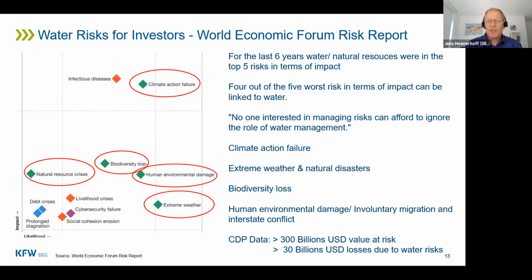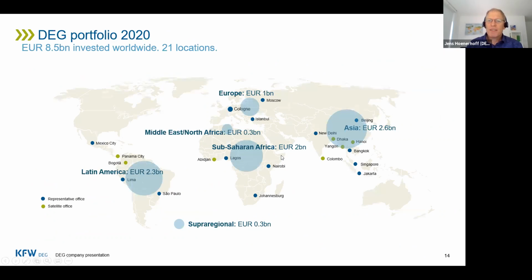If we come to the DEG portfolio on the next slide, we can see that DEG itself is invested especially in Latin America, Sub-Saharan Africa, and Asia, with an overall portfolio of 8.5 billion invested.